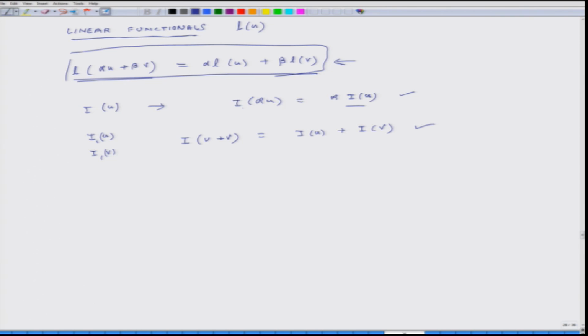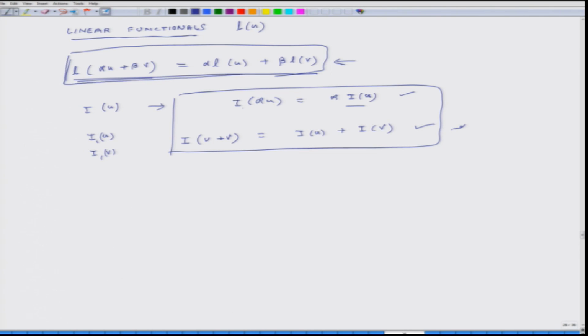So, this is the second condition, and if it meets these two conditions, then it is a linear functional, and I have combined both these conditions in this statement. Okay. So, that is the definition of a linear functional.